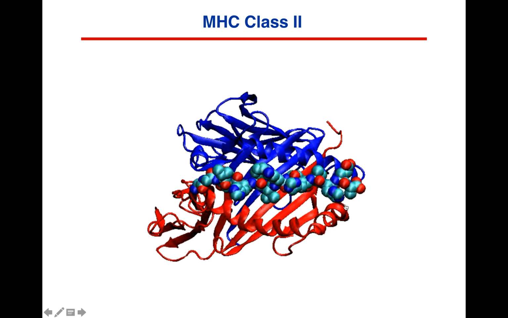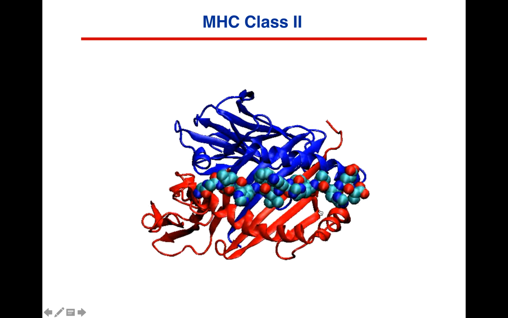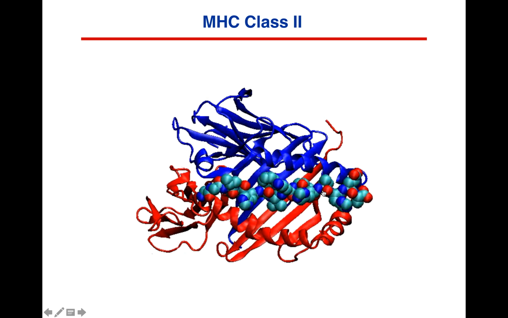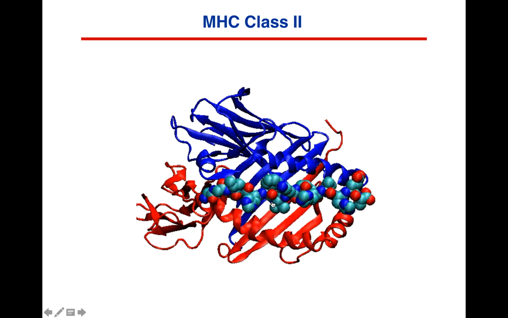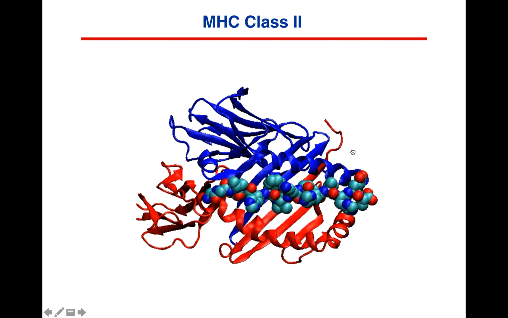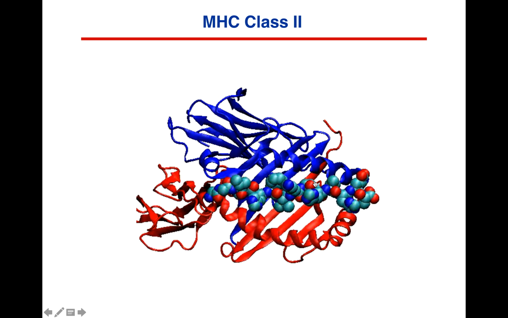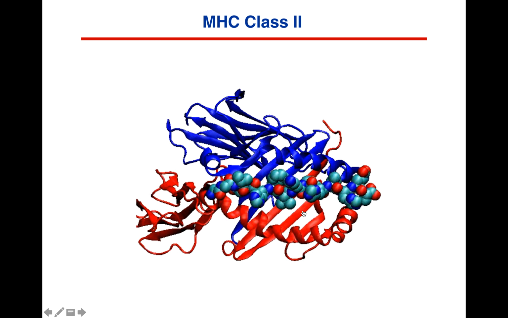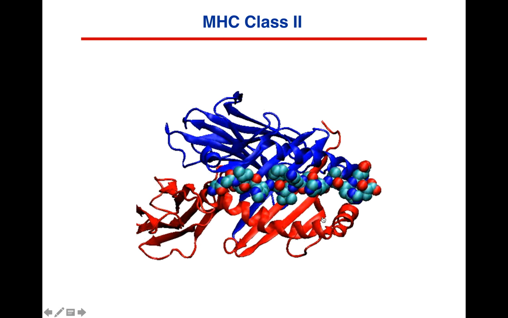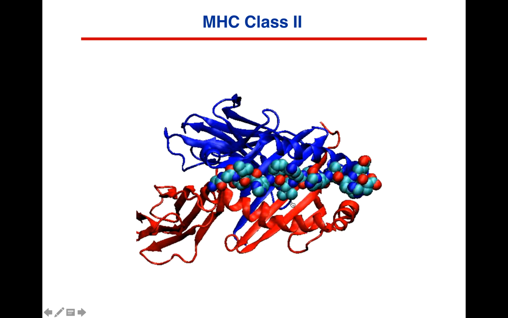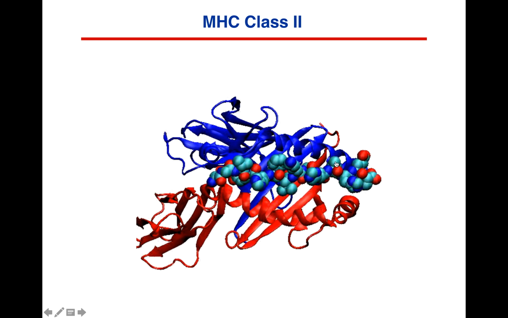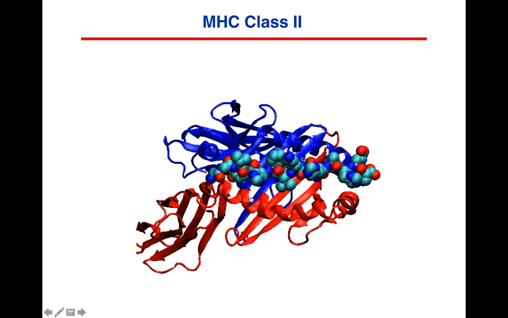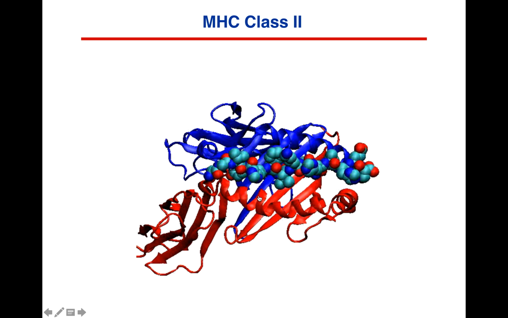if we were to look down on the MHC2 peptide complex, what we'd see is that the binding site is composed of both chains, the blue and red, the alpha and the beta chain. They both contribute alpha helical sites that are needed for binding.